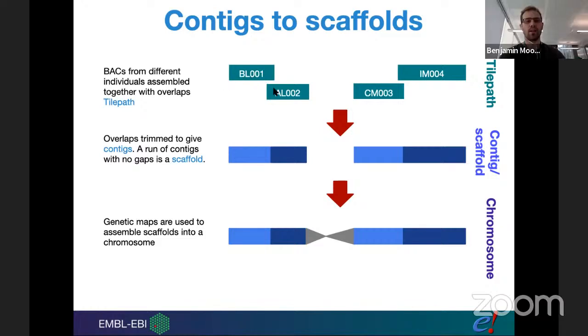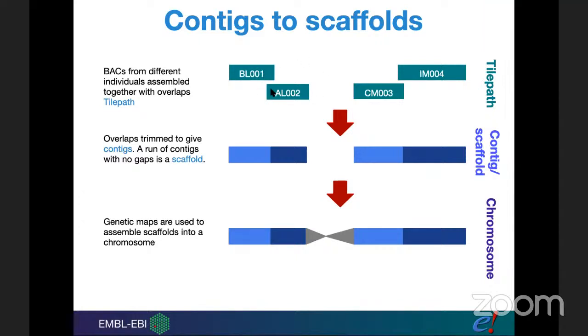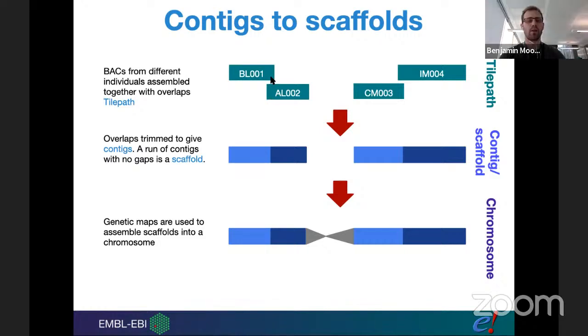You can see here, these 4 different blocks are all individual clones that together form the tile path. Then the overlaps of these individual clones within the tile path are trimmed. So this overlapping region is trimmed to give us our contigs. You can see here, this is contig 1, for example, that comes from this BAC clone here. And this is another contig that comes from this other BAC clone here.